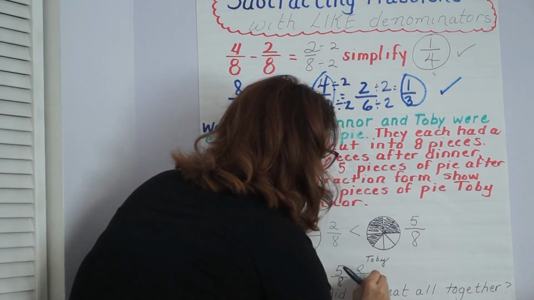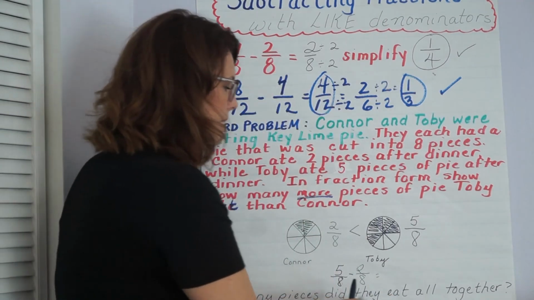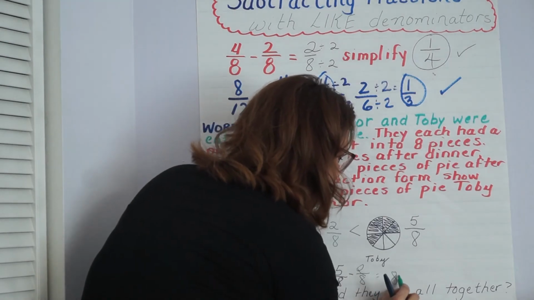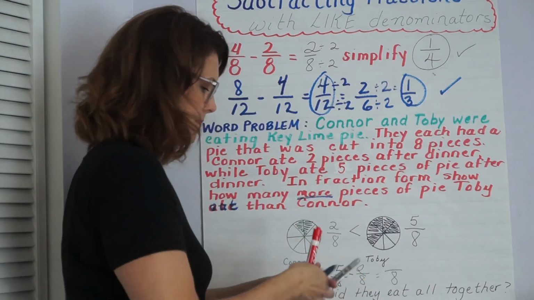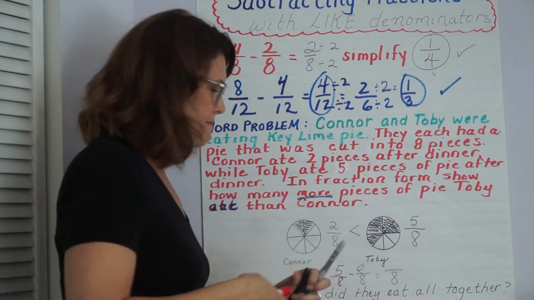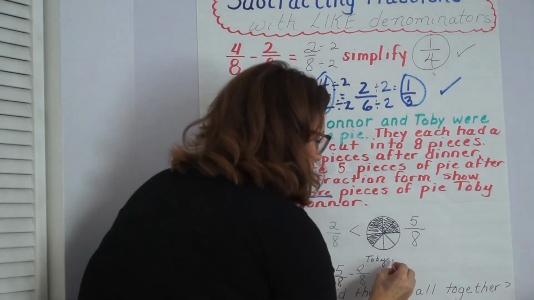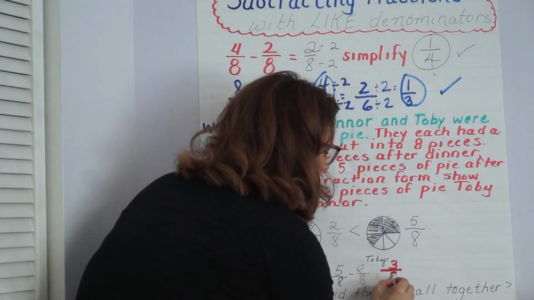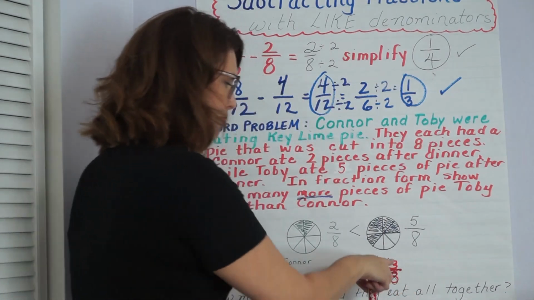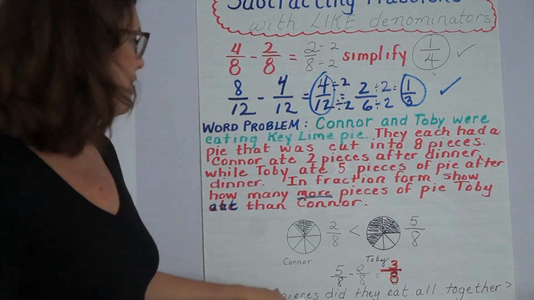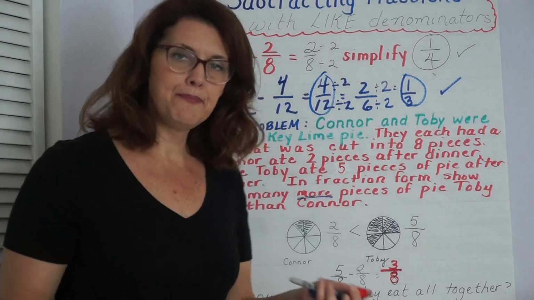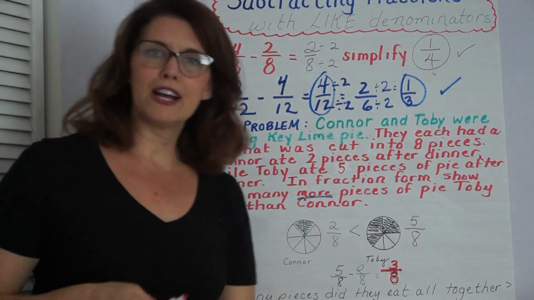Okay. So we are not going to subtract 8 minus 8. The 8 stays the same. So the final answer is, what's 5 minus 2, Chloe? Very good. It is 3/8. So Toby ate 3/8 more than Connor of the key lime pie. So that's just subtracting fractions in a word problem.